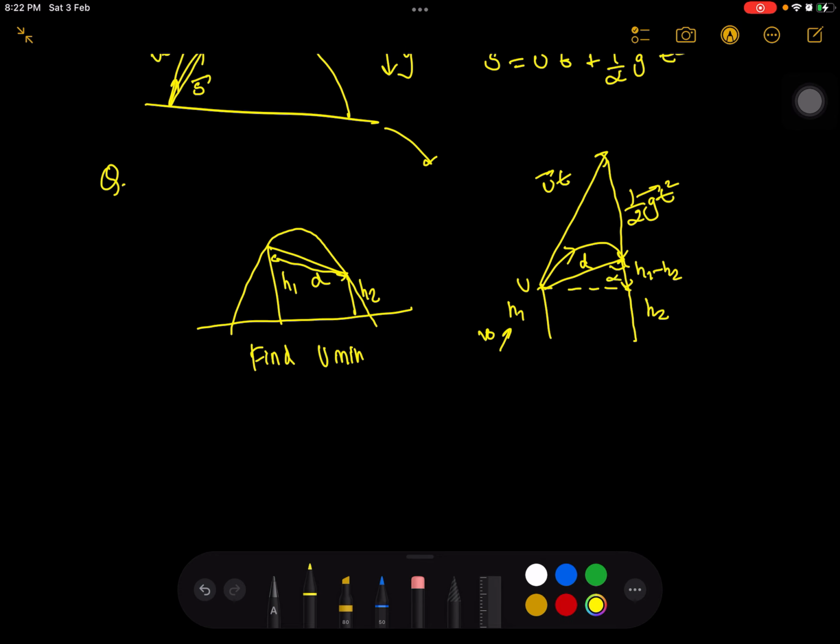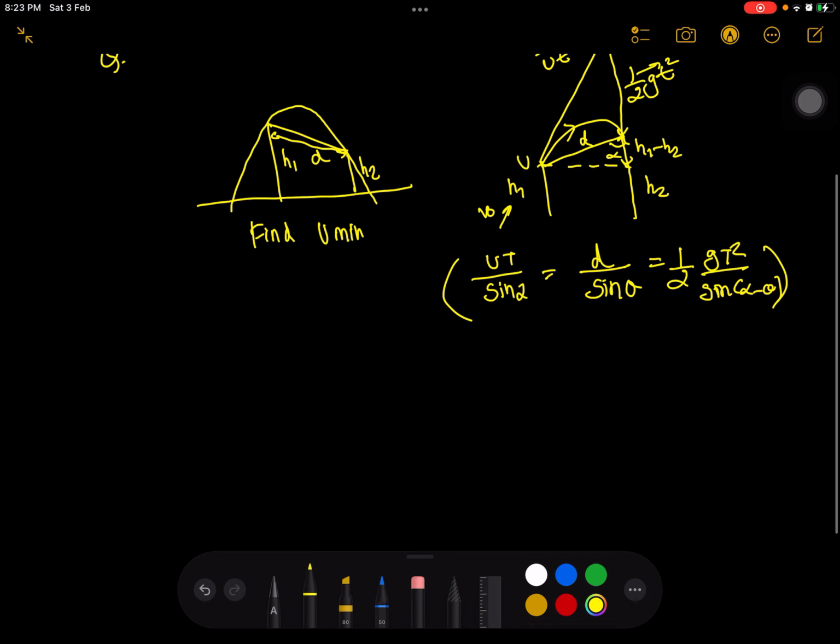Now, using sine rule, we can write ut by sine alpha is equal to d by sine theta, equal to half g t square by sine of alpha minus theta. You can resolve all the alpha and theta angles and write the sine law like this. I already have the result, so I did it directly.